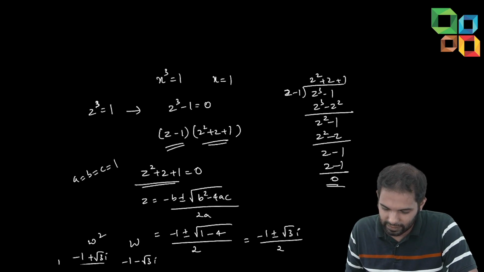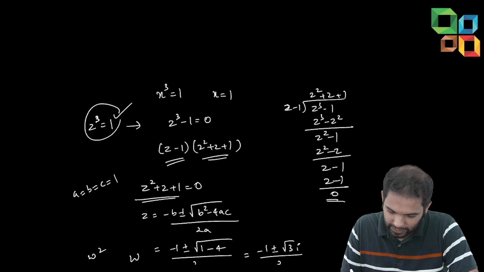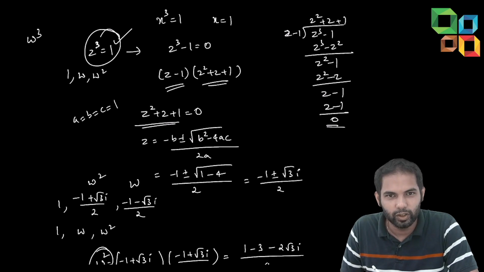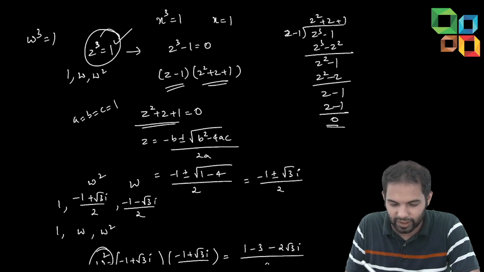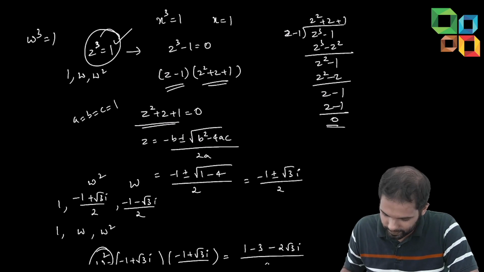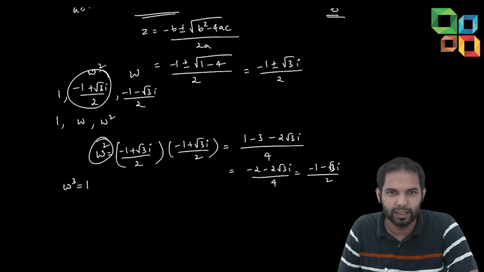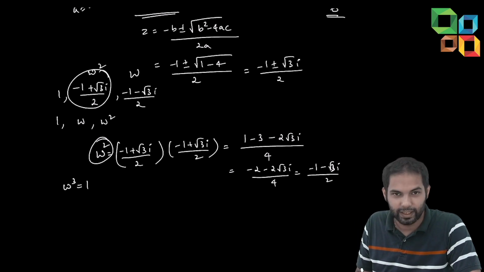Omega is a solution to this equation, correct? There are 3 solutions, 1, omega and omega square. Therefore, omega cube should be equal to 1, because it satisfies the equation. If you want, again, you can take omega and multiply it 3 times. So shall we try that?